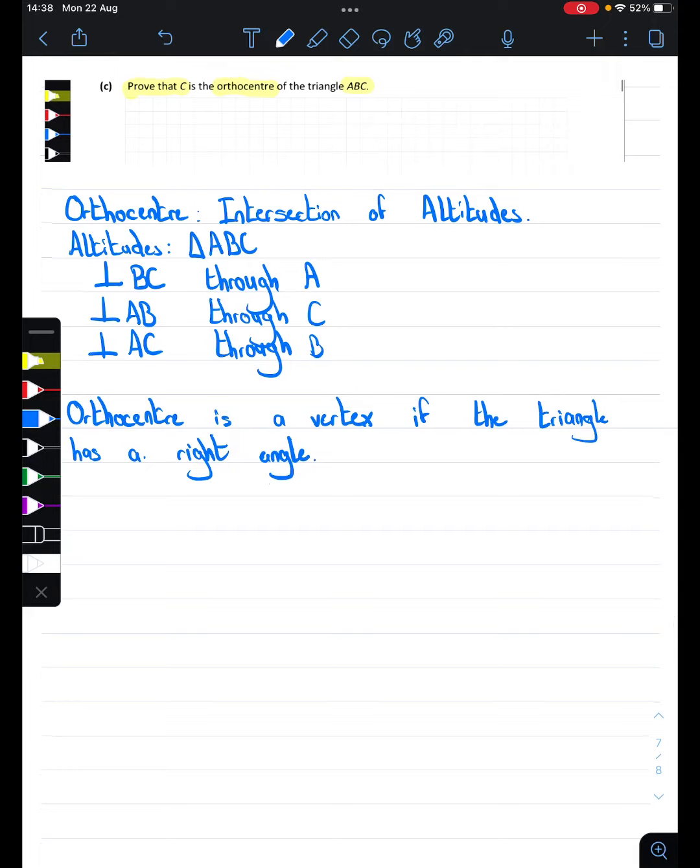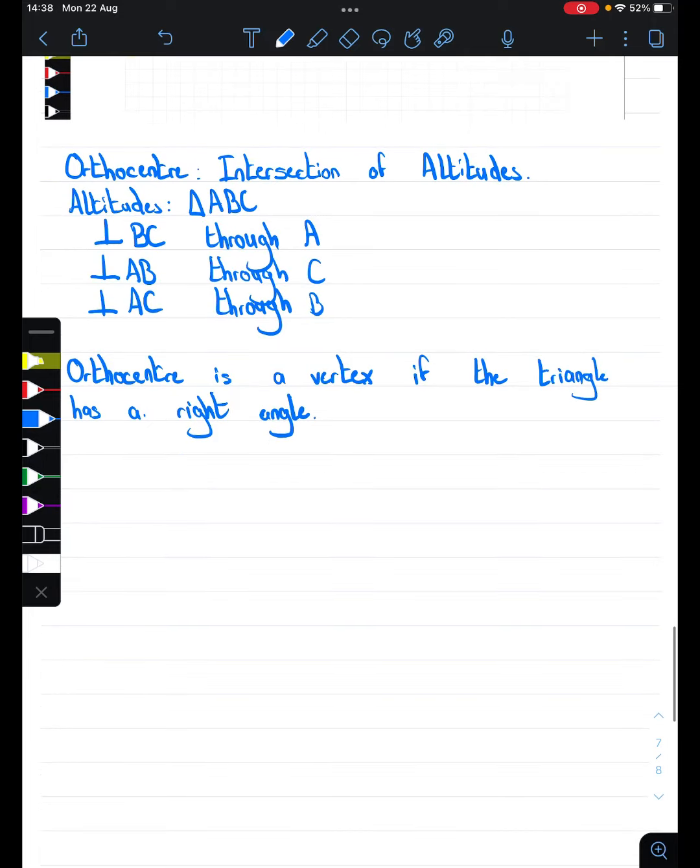If the triangle has an obtuse angle, so one of the angles is greater than 90, then the orthocenter is outside the triangle.